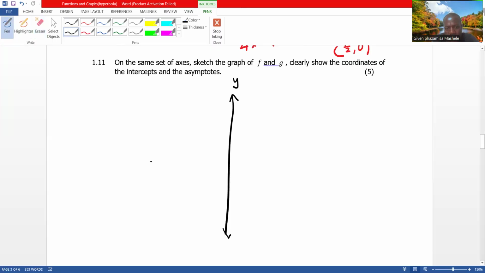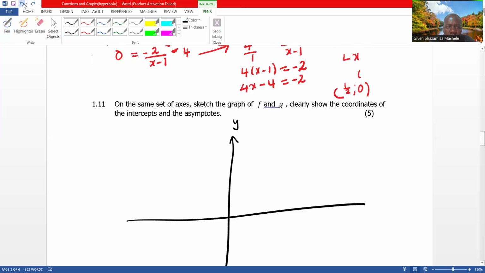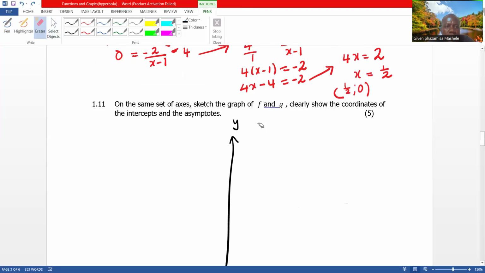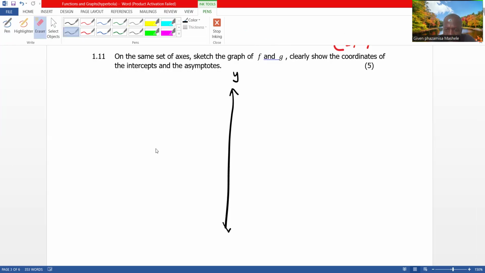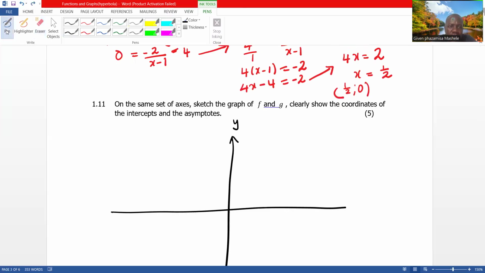Then let me construct the x-axis, although you can see that it's not straight. Okay, right now, this is the x-axis.